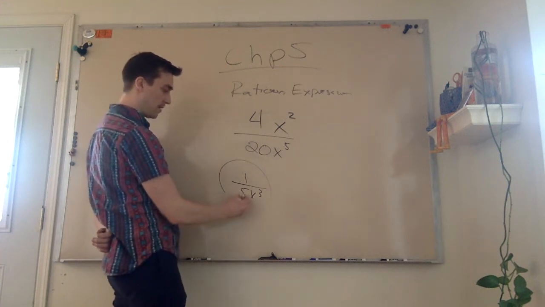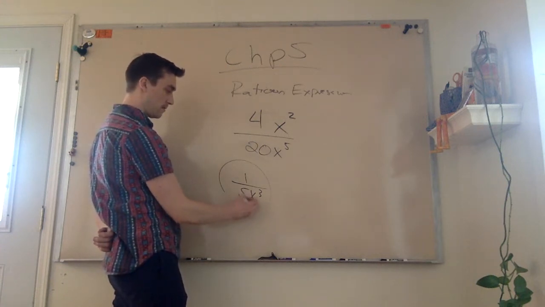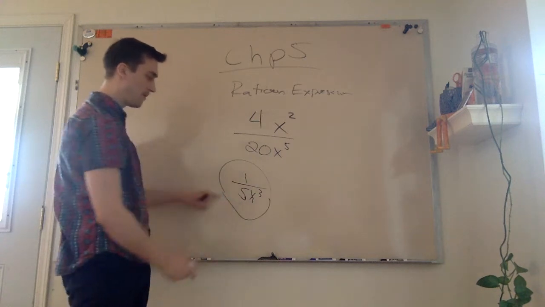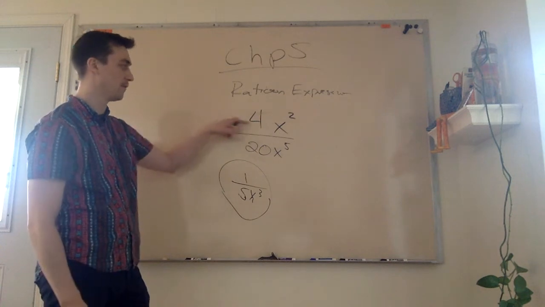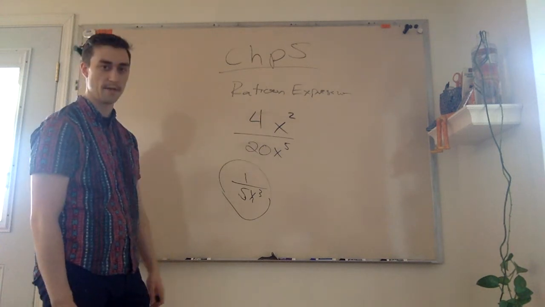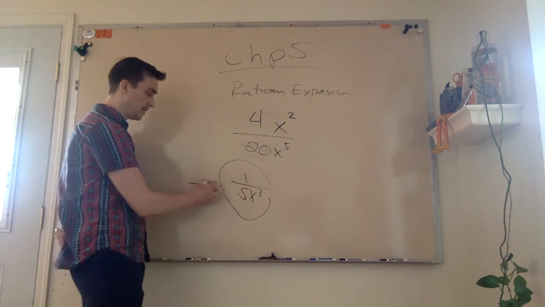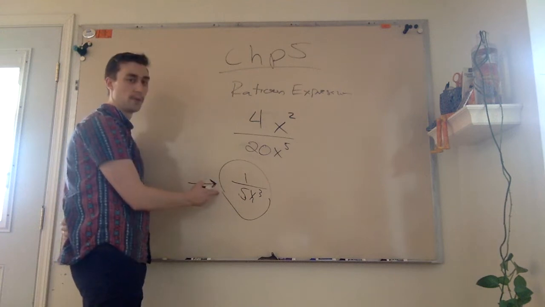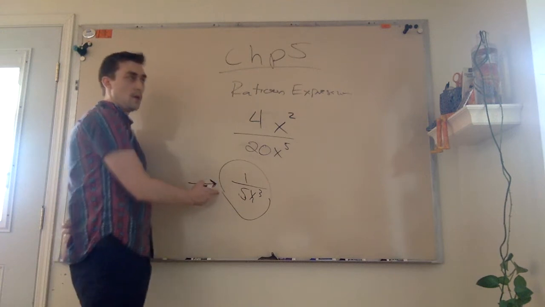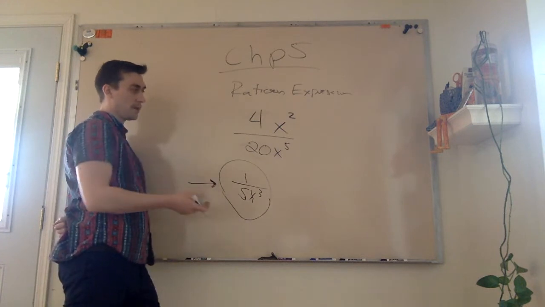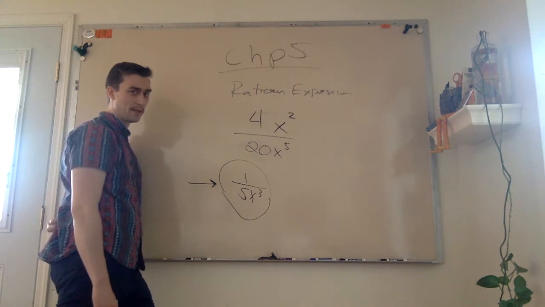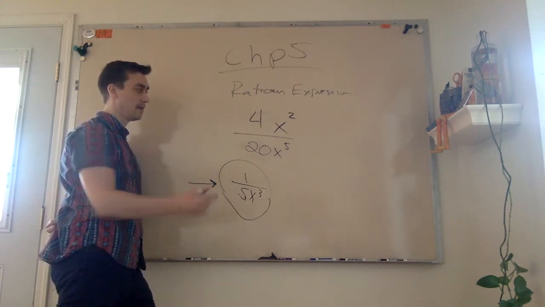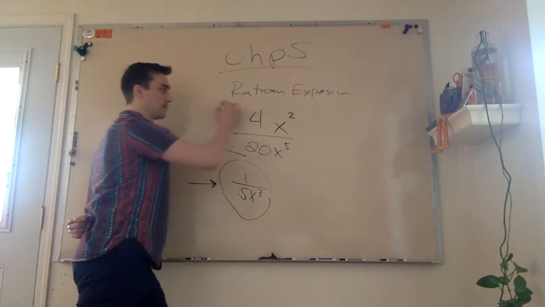Regardless, let me make another point here. 1 divided by 5x to the third power is exactly the same as 4x squared divided by 20x to the fifth. Right, and I think this is objectively simpler. To make that clear, pick anything you want for x. Pick x equals 10 and plug it into this.